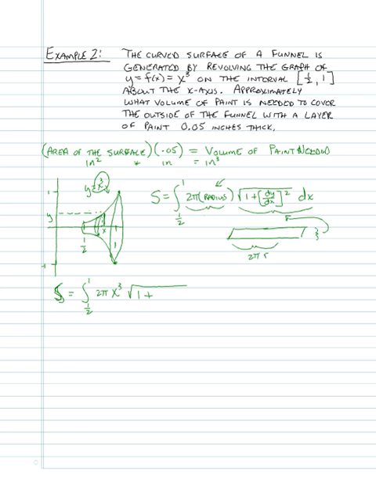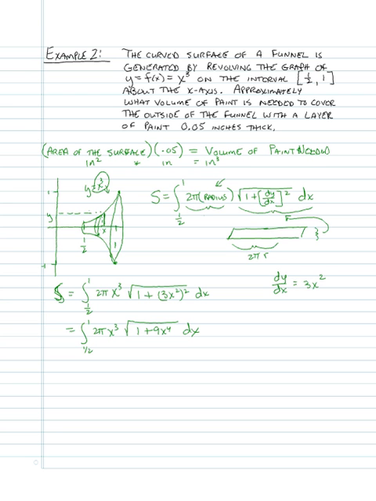Now we look up here, this is pretty easy for us to do because the derivative of y with respect to x is nothing more than 3x squared. So we have 3x squared here, which is in turn squared. Okay, now we continue. The integral from 1/2 to 1 of 2 pi times x cubed times the square root of 1 plus 9x to the 4th dx.